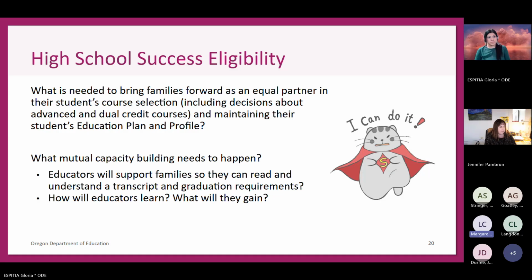I believe that starts with those relationships we're building on our school campuses with our families, and then that will lead into more of what we're looking for with the high school success eligibility and meeting that requirement, because all of our families will feel like they are part of the conversation. So that's what I wanted to share.